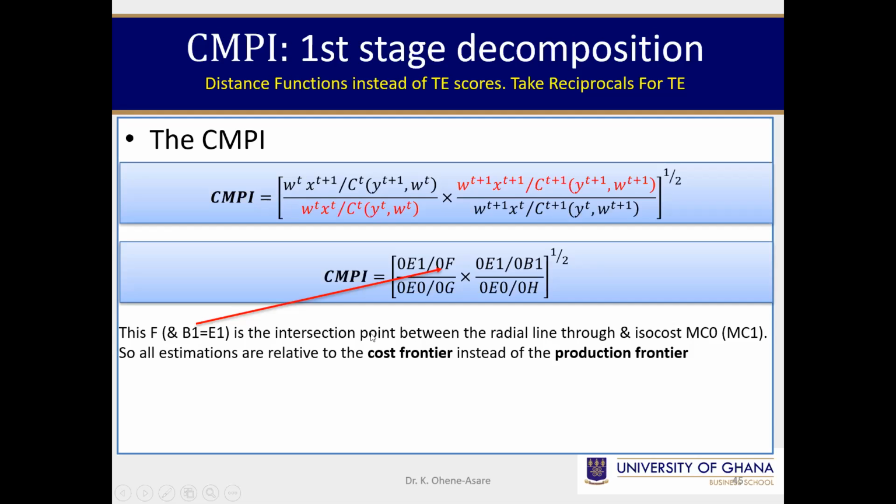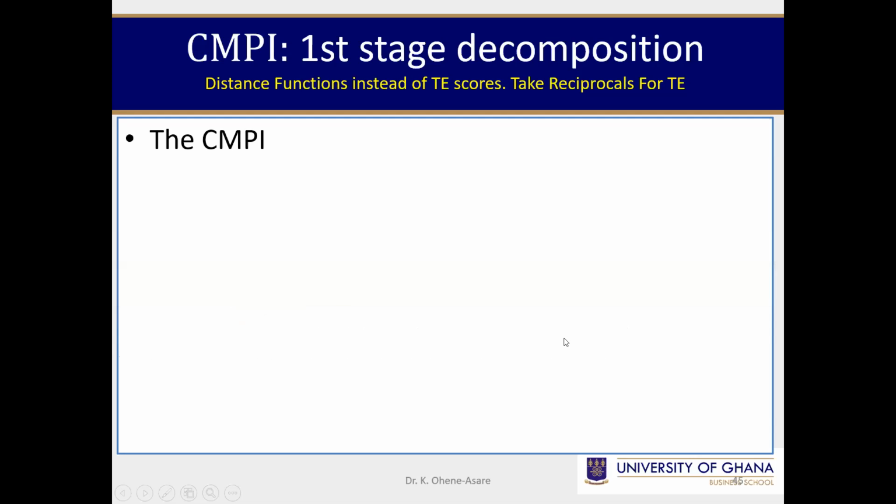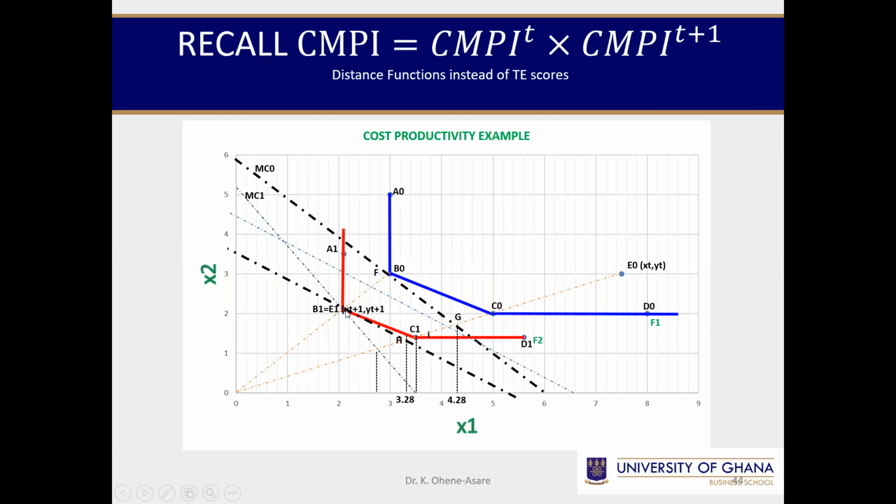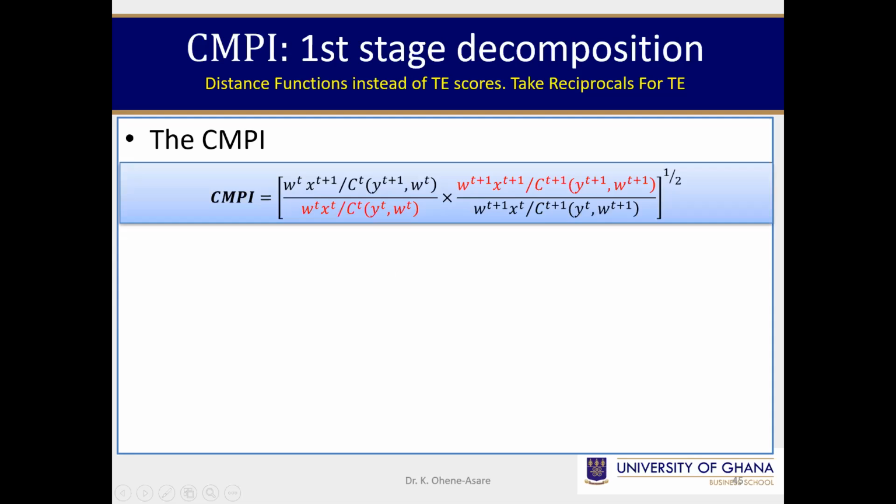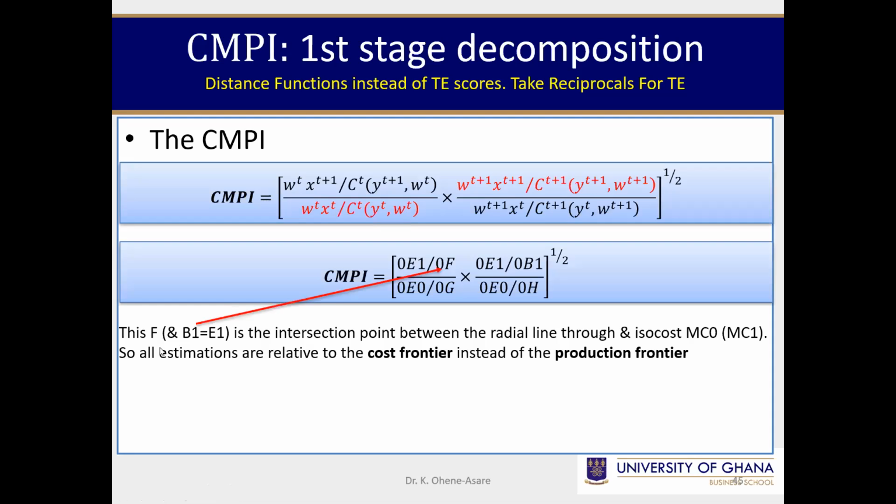It is the intersection between the radial line and the isocost, and it's not the isoquant. It's the cost we are dealing with, and not the quant. And also, all estimations are relative to the cost frontier instead of the production frontier, or relative to the isocost rather than the isoquant.